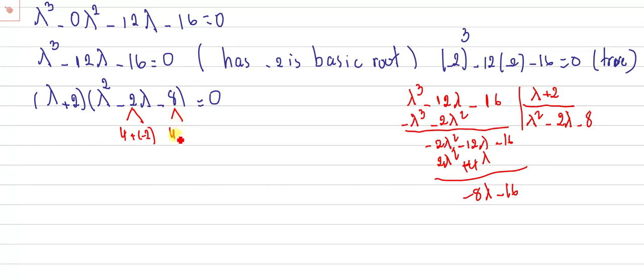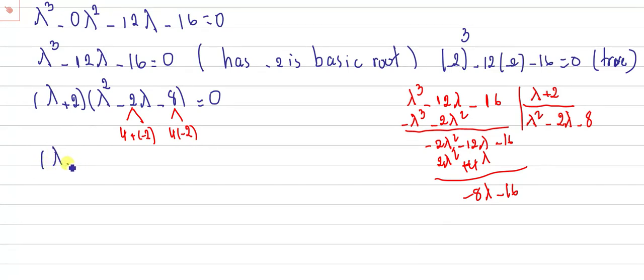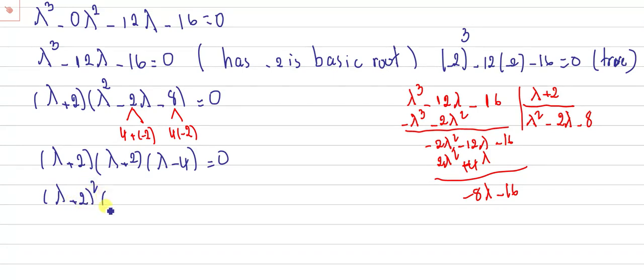This one is 4 multiplied by minus 2. So we got this equation, we can write lambda plus 2 and lambda plus 2 and lambda minus 4 equal to 0. So we got lambda plus 2 square, lambda minus 4 equal to 0.